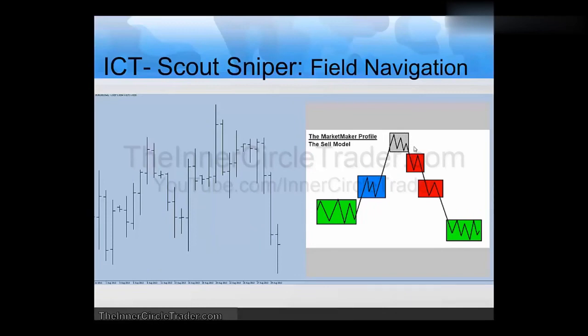Many times you'll see, okay, here's a little notepad moment for you. If you want to see when indicators work like they do in the textbooks, if you see this pattern unfolding like this and it trades up into a resistance level, many times you're going to see your standard divergence of the MACD, your stochastics, your RSI, your CCI, you know, spaghetti, whatever it is that you use for your indicators.